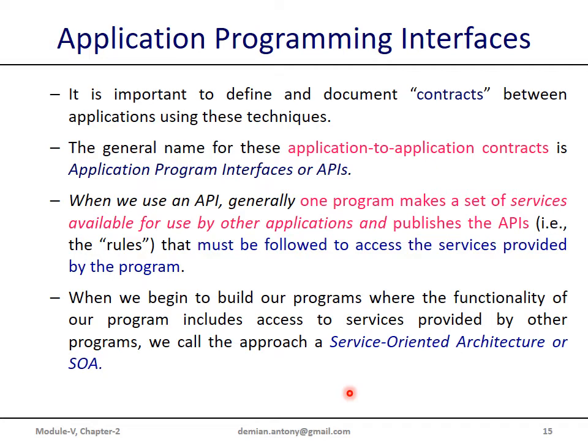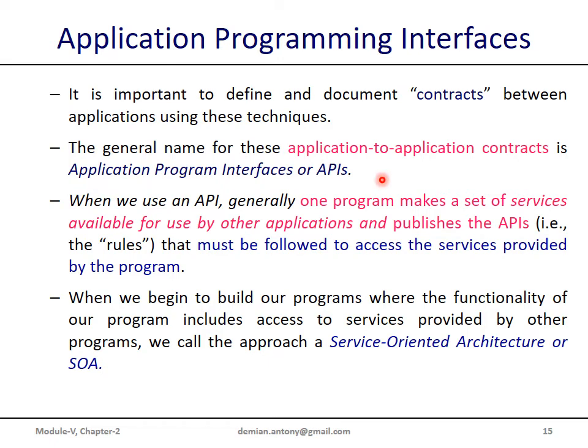While designing applications which interact with other applications, it is important to define and document the rules of communication, the set of rules for interaction between the applications. And this set of rules for application to application interaction is called the application program interface, or API.